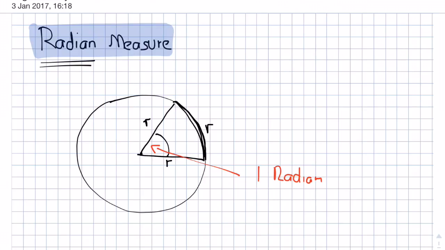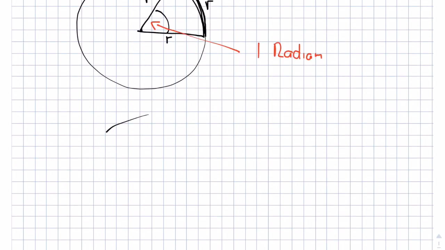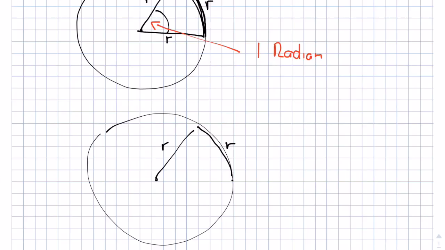If I was to create an arc that was 2r long, then this would now be 2 radians, this angle at the centre. So basically the angle at the centre measured in radians is directly linked to the radius of the circle.